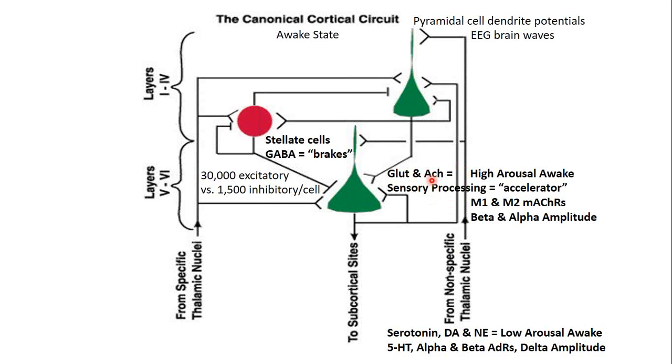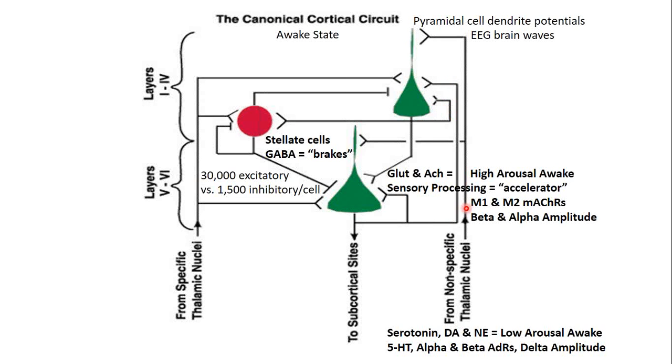And in the cortex, from the subcortical areas, for example, from the thalamus, we have acetylcholine as the excitatory and possibly an inhibitory neurotransmitter. So a single neurotransmitter can be excitatory or inhibitory depending on the receptor on the pyramidal cells.